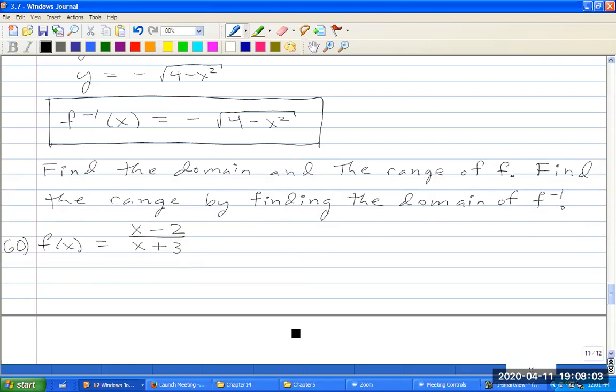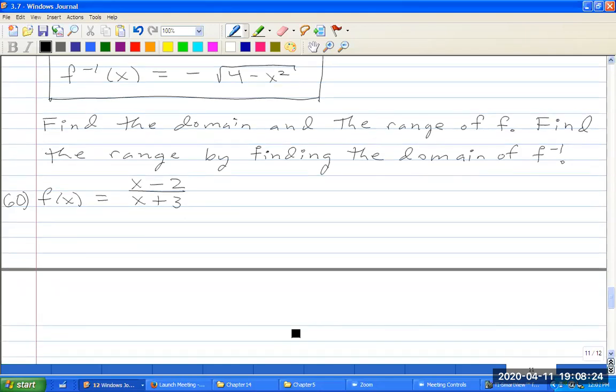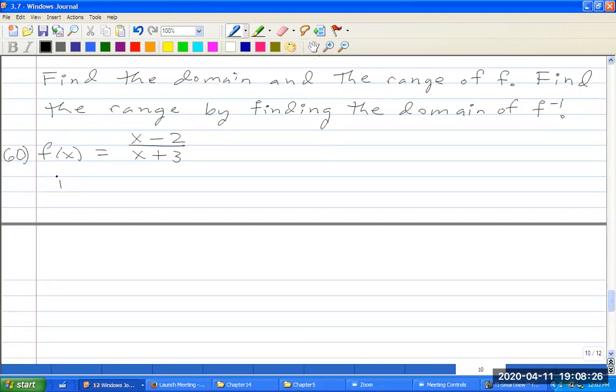Find the domain and range of f. Find the range by finding the domain of f inverse. Oh, okay, so we had tricks before to find ranges, but now we'll find the range more easily by looking at the domain of the inverse function. So first, let's find the domain of the original function.